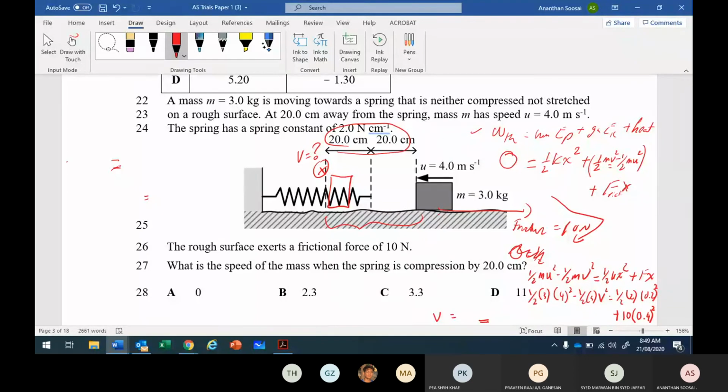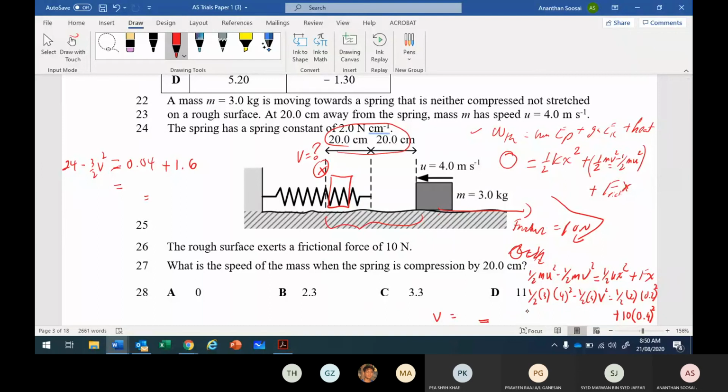So this is 24 minus 3 over 2 v squared equals, the other one is half times 2 gone, so it's 0.04. The last bit, 10 times 0.4 squared. 0.4 squared is 0.16, so 1.6.